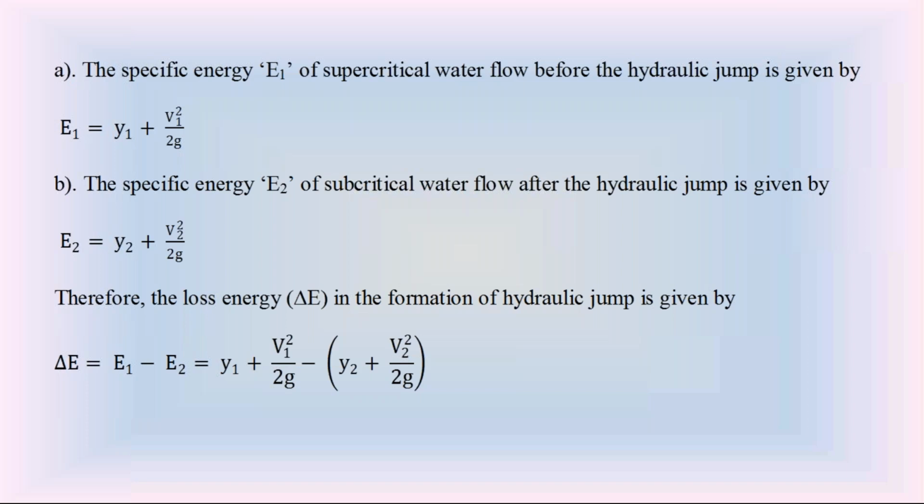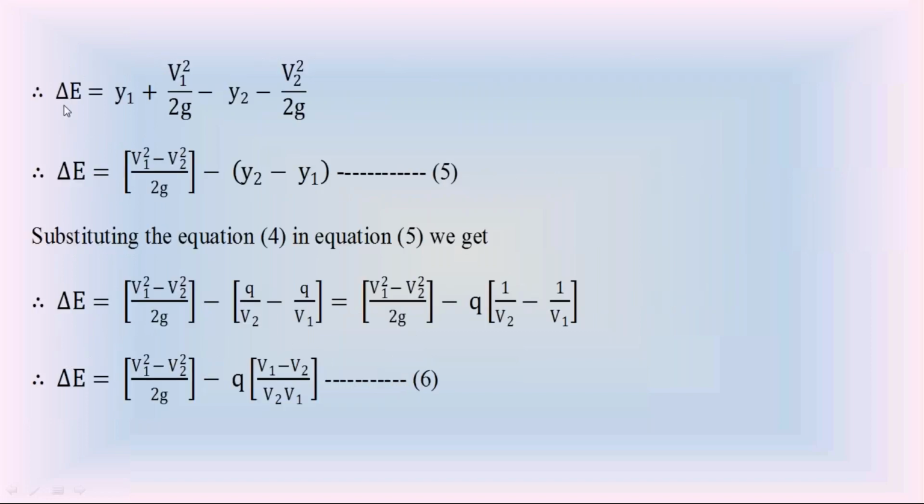What is E1? y1 plus v1 square by 2g. What is E2? y2 plus v2 square by 2g. Expand this right hand side. So delta E is equal to y1 plus v1 square by 2g minus y2 minus v2 square by 2g. So the loss of energy of water flow in the hydraulic jump, delta E, is equal to y1 plus v1 square by 2g minus.